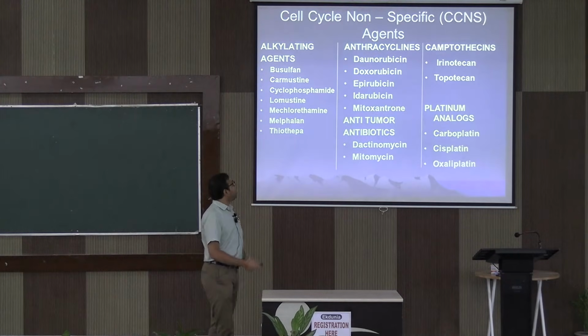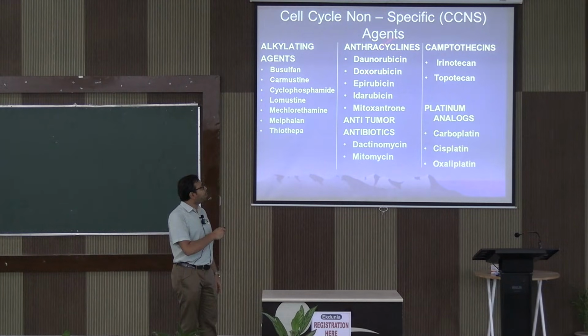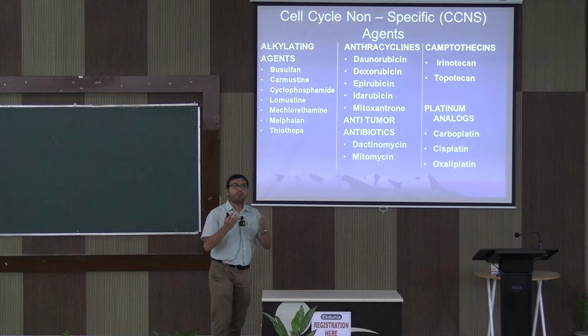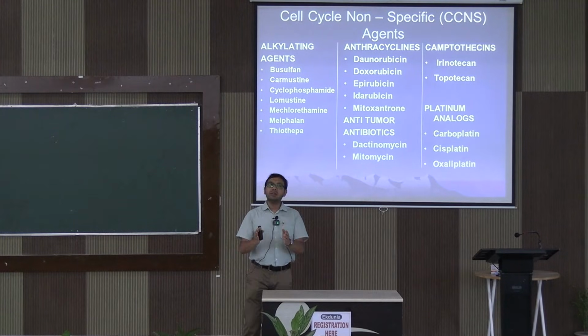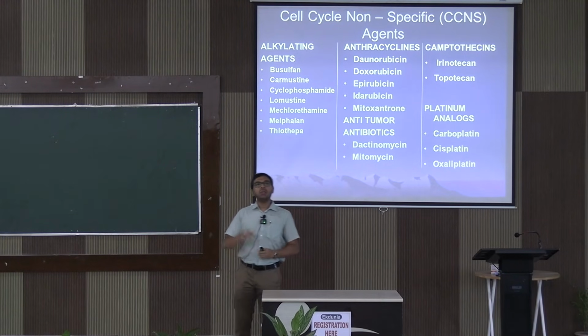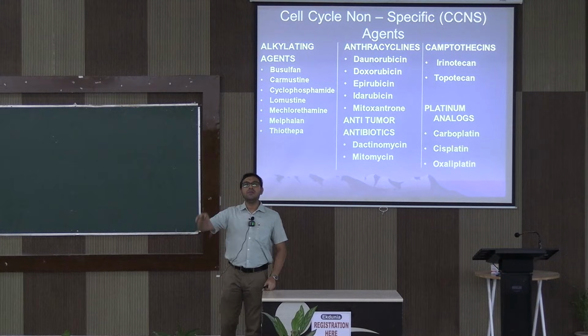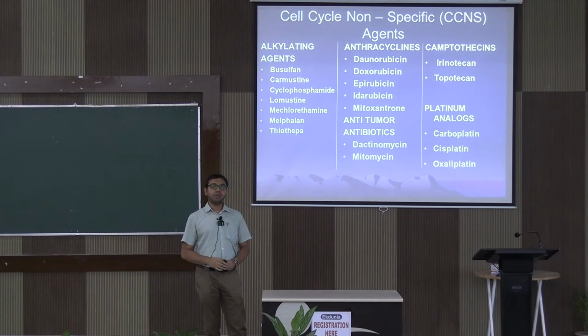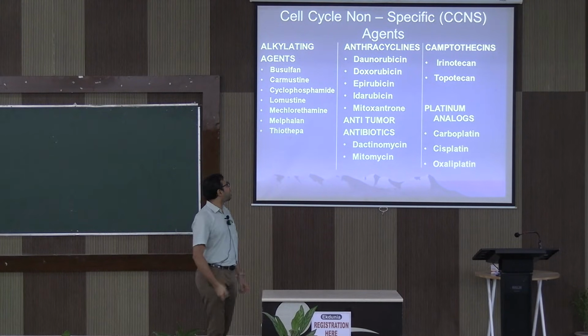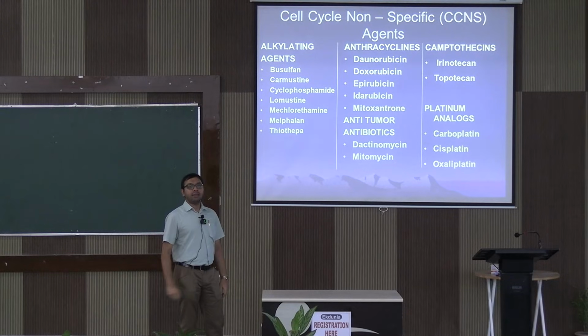Okay. Now coming to the examples of cell cycle non-specific drugs. That is, these drugs can act on cells in different phases of the cell cycle, irrespective of the phase. Example, alkylating agents.